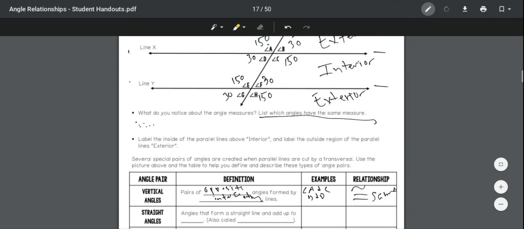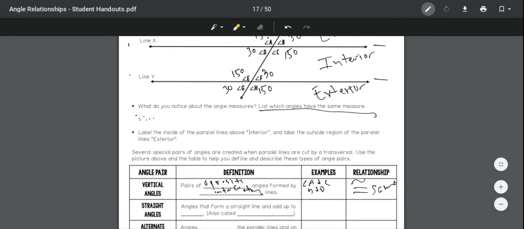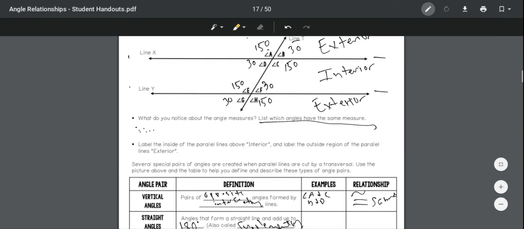Okay, a straight angle is another one from last year. Those are angles that form a straight line and add up to 180 degrees. And they're also called supplementary, which should sound familiar from last year. 2 angles that add up to 180 degrees. So we can find some pairs up here, A and B, because those are on this straight line here.